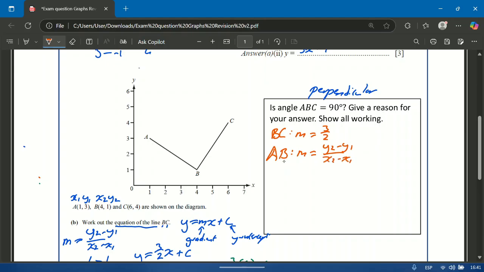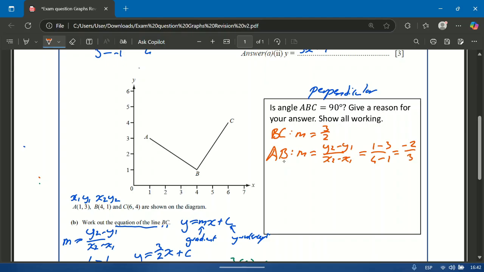Here for AB, y2 is 1 and y1 is 3, subtract 3. Same as the distance formula. In fact, this part, x2 is 4 minus 1. So 1 minus 3 is minus 2, and 4 minus 1 is 3.